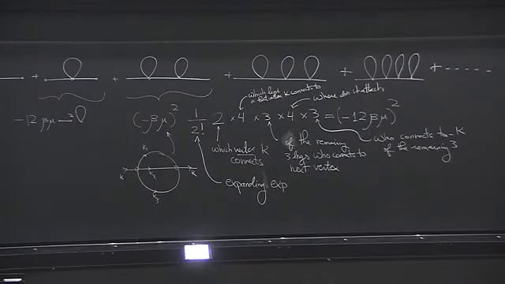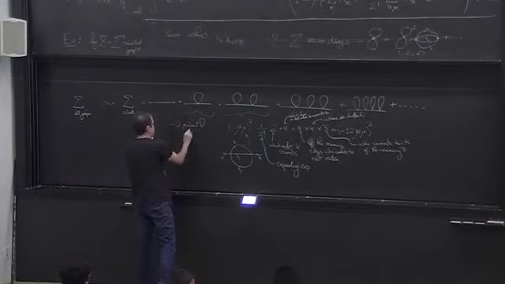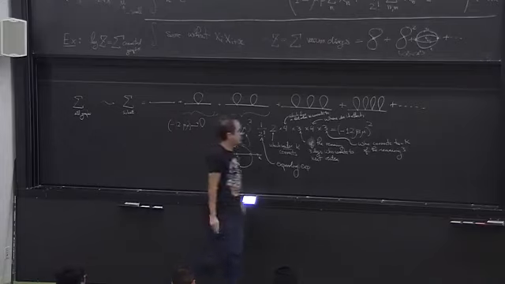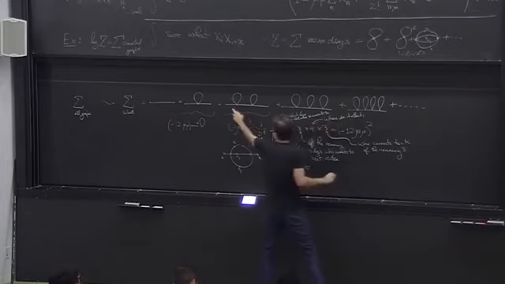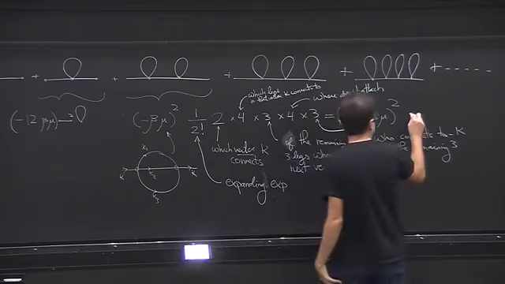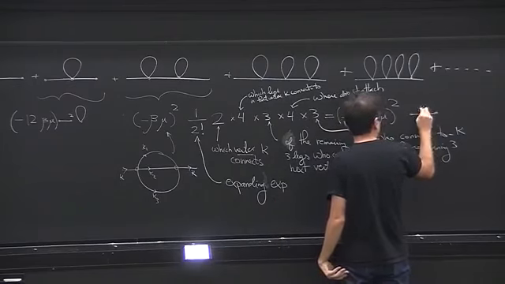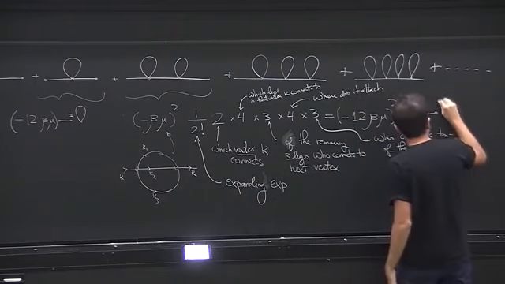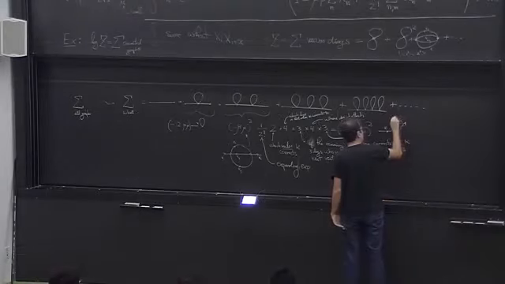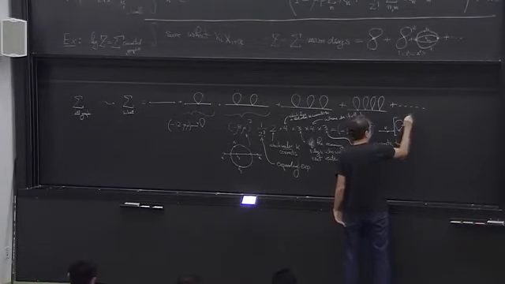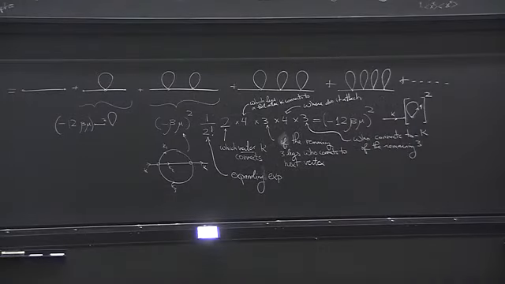So the constant is just the square of the previous constant. And then how many propagators do we have? 1, 2, 3 propagators with k, and 2 bubbles, which are just the same square.